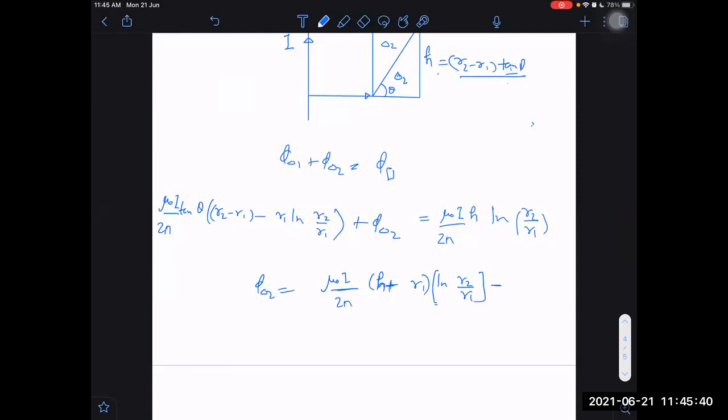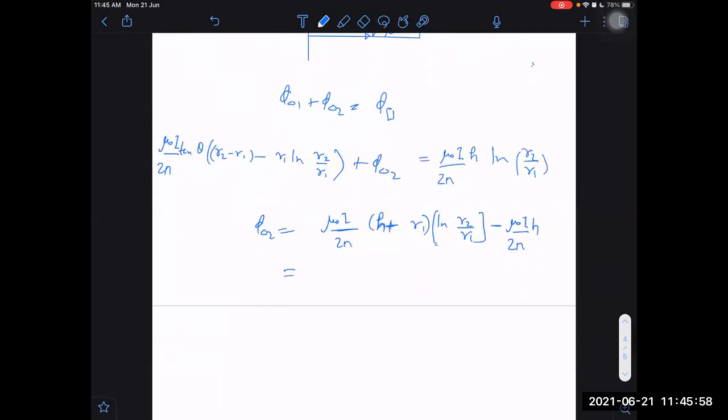Take it as h only. Minus mu naught into I by 2 pi into h. Then we are getting mu naught I upon 2 pi into h, and I am taking it common.